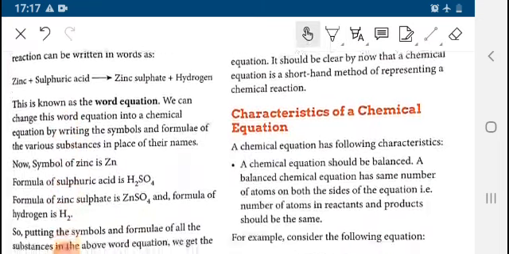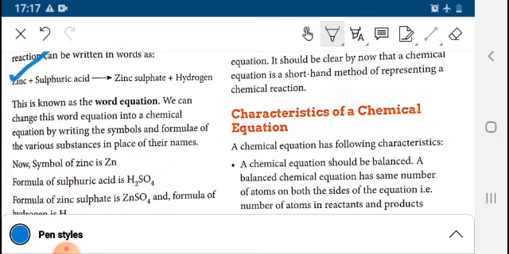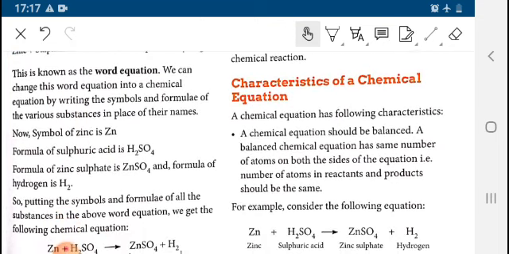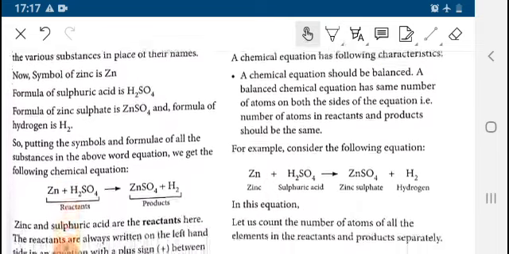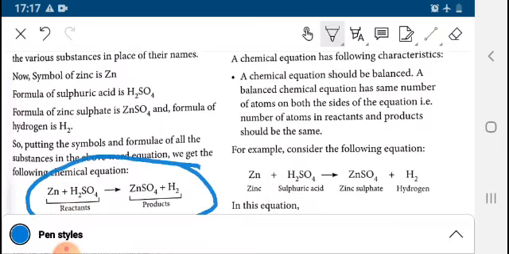Now let us consider that zinc reacts with sulfuric acid, forming zinc sulfate plus hydrogen. This is the word equation, and it can be represented in the form of symbols when we are writing the equation. You can see here zinc is Zn, sulfuric acid is H2SO4, then ZnSO4, and hydrogen.